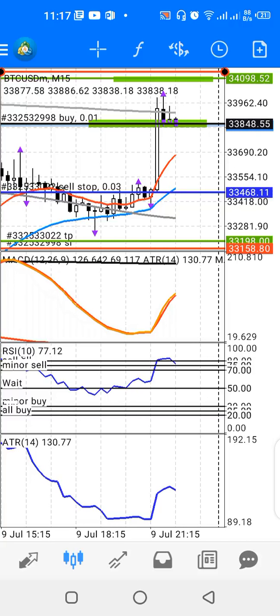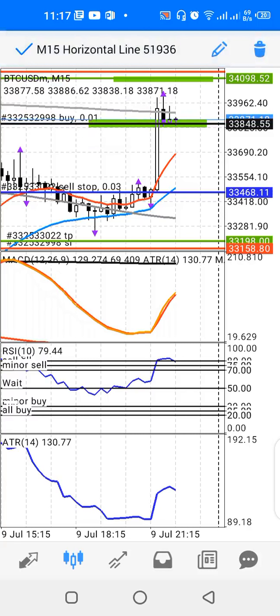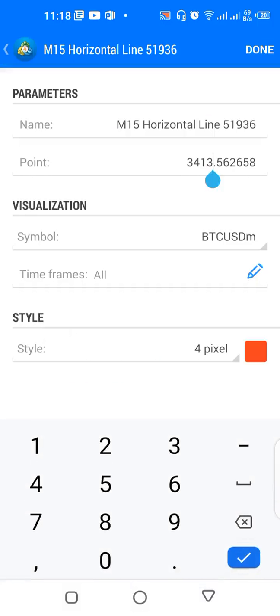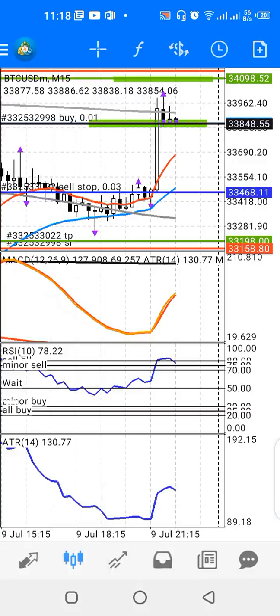That will also be 40 points above. Of course, the take profit of your first trade is 34098, so adding 40 to that, 34138. So the stop loss will be 34138. Okay, so that's that.